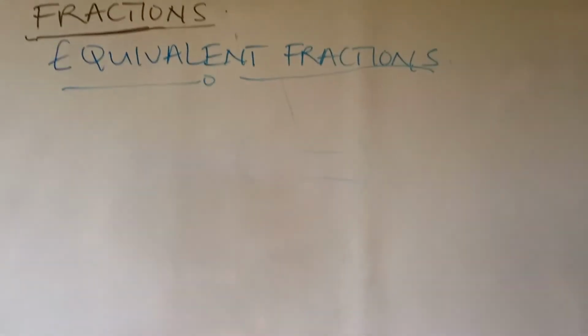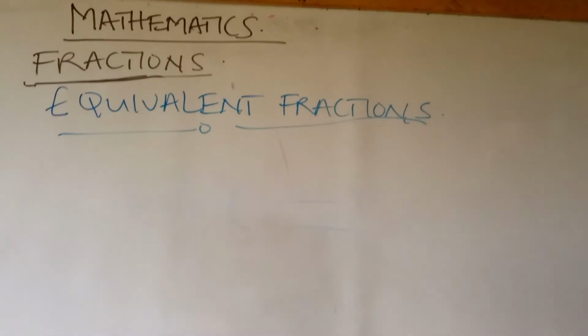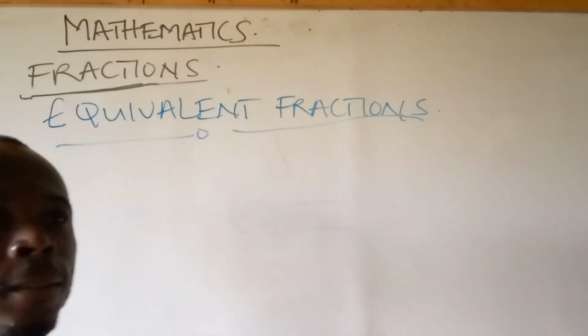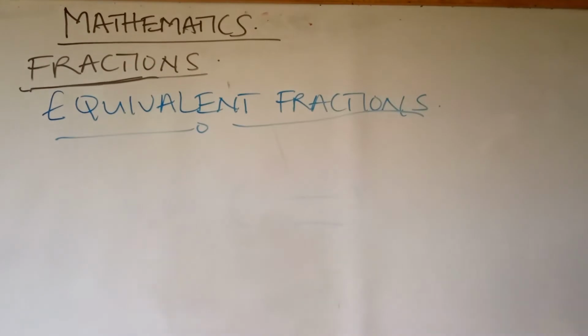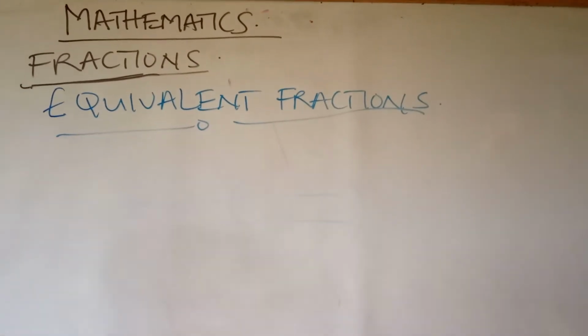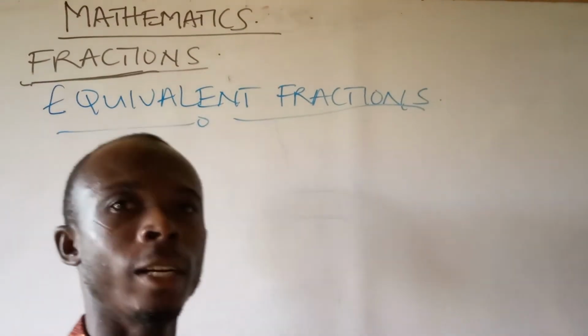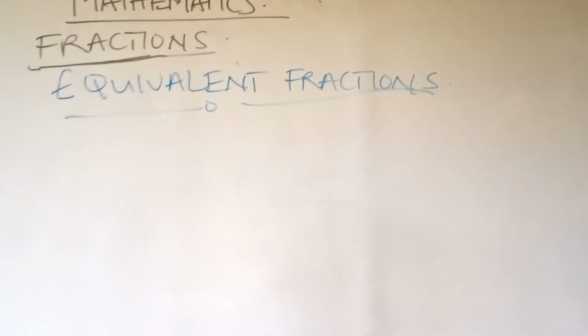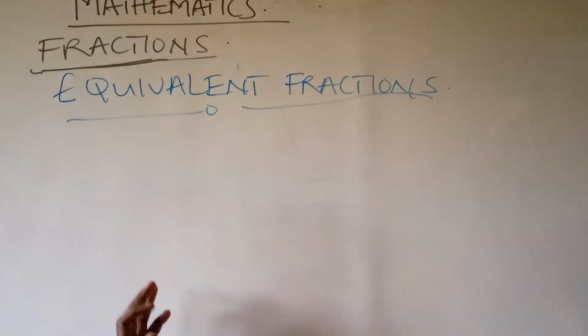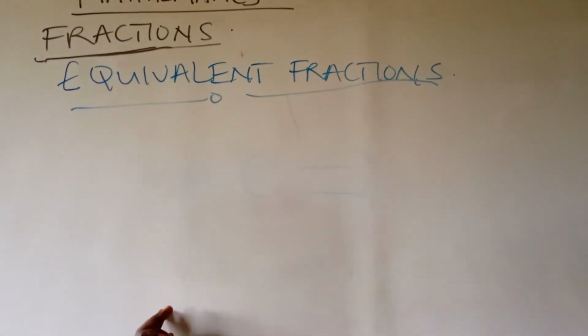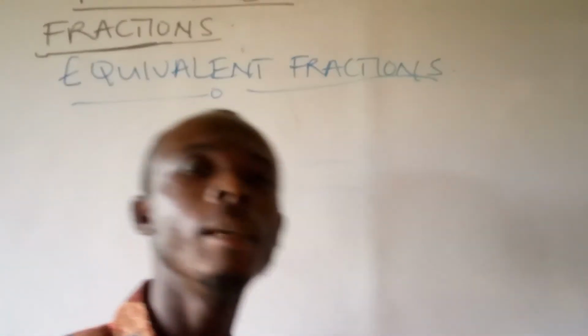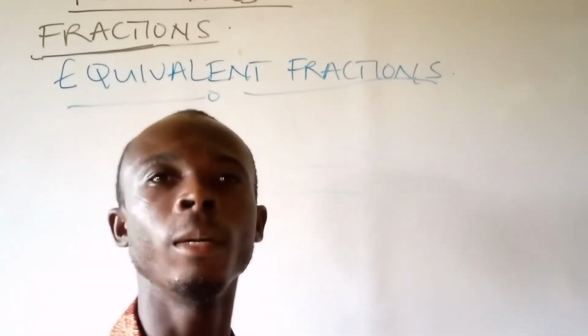JHS and SHS. We are still on fractions, and today's section is on equivalent fractions. A fraction is said to be equivalent to another fraction if the numerator and denominator of the fraction are multiplied by the same factor or number.